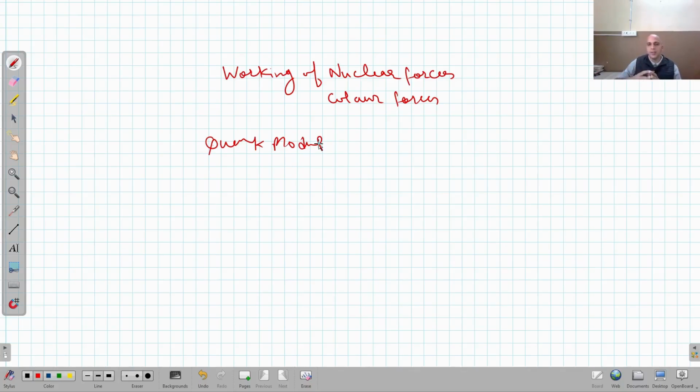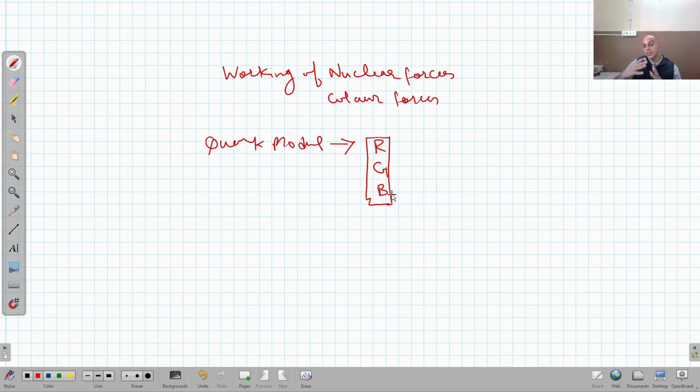We have also learned that these quarks come in 3 different colors, that is red, green and blue. These are the primary colors that we come across in visible light, right?